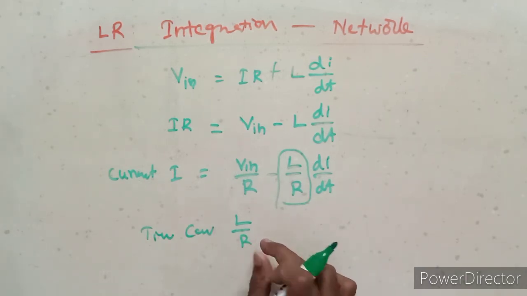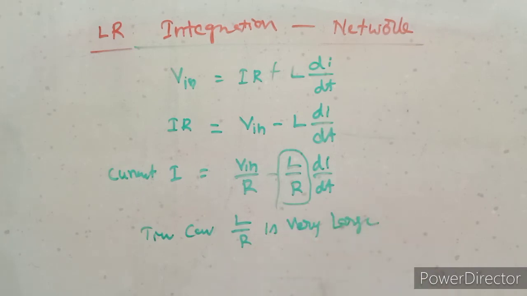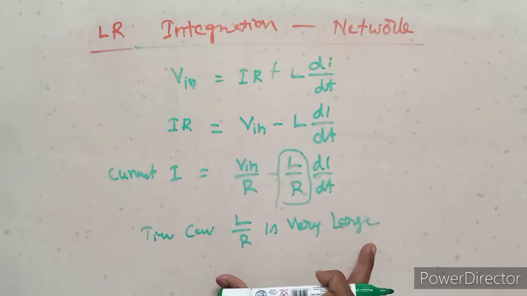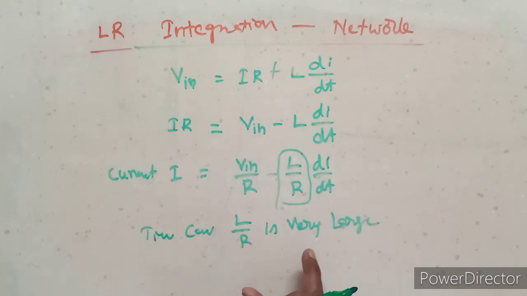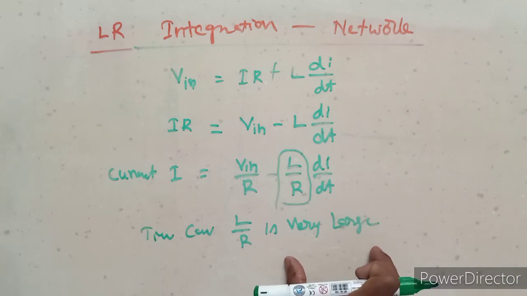Here L by R is very large, because in a differentiation circuit L by R is very small, and in an integration circuit L by R is very large.